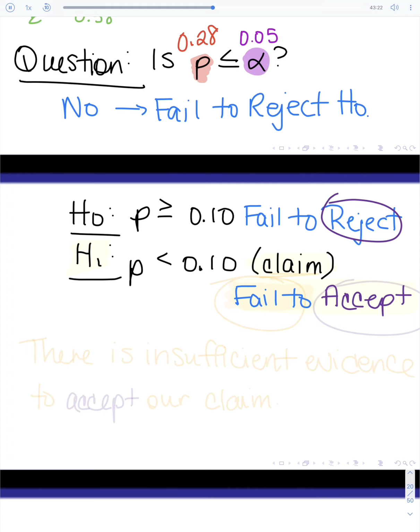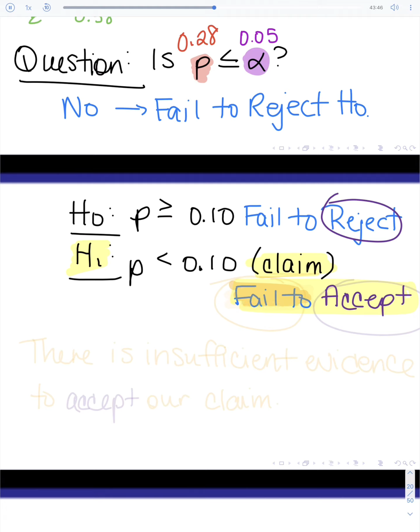The question is now, what does this mean? Which one of these do we care about? Because we're only going to always care about one. Well, we're always going to care about whichever one has our claim. And according to this, our claim is our H1. And what are we doing with it? We're failing to accept.